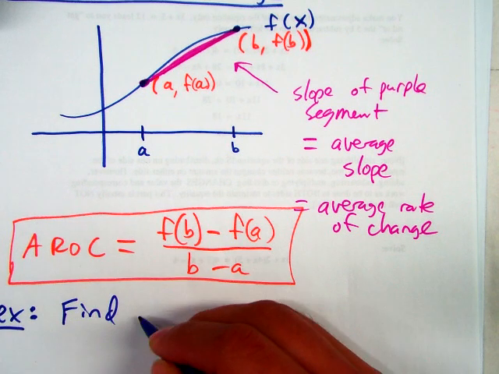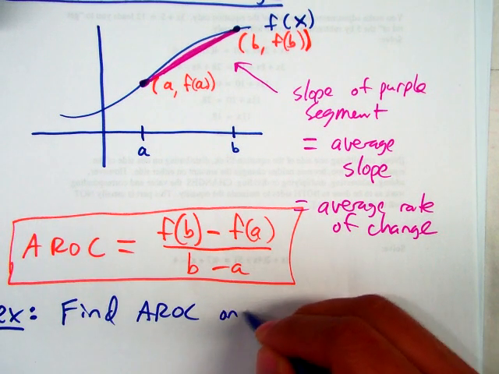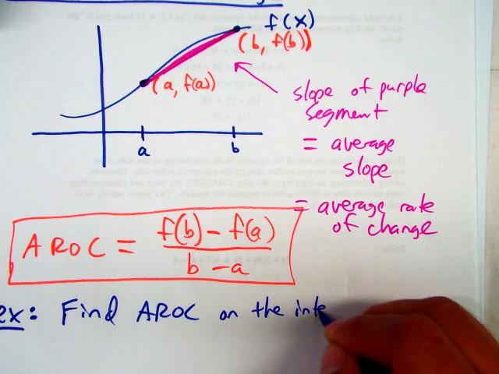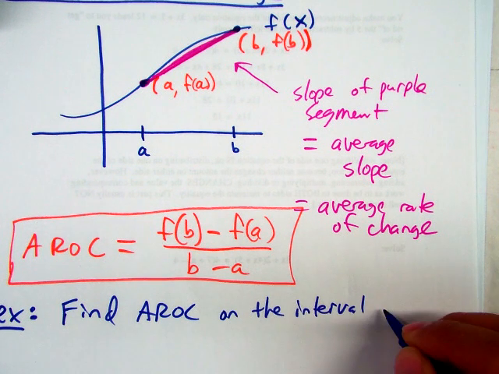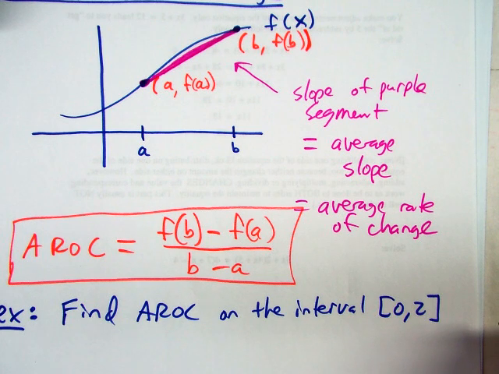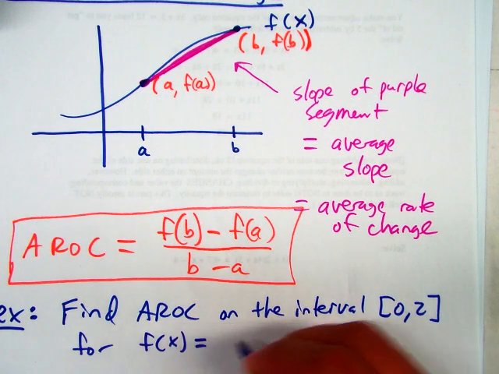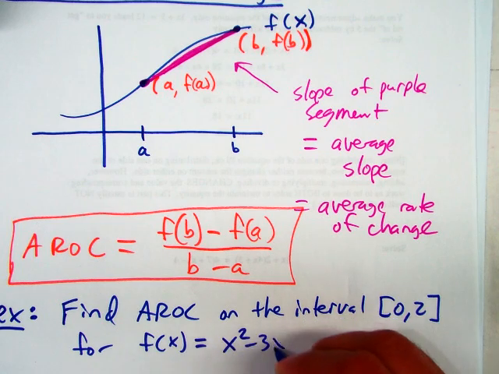Find the average rate of change on the interval 0 to 2 for the function f of x equals x squared minus 3x plus 5.